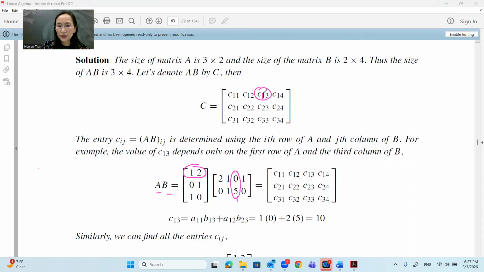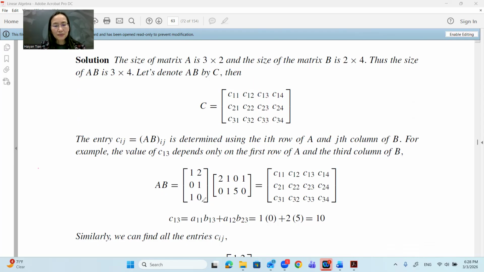The first number means we use the first row entries of A. For the second number, 3, we need the third column of B. Then we multiply their corresponding entries. So 1 times 0 is 0, plus 2 times 5, so we get 10. Therefore, this entry is 10.